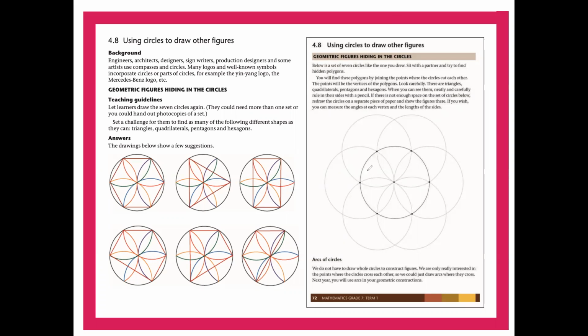You can also have where you join 3 of the dots to get a triangle. You can have, that was a bad start, let me try again. So doing it like this, you get a square.